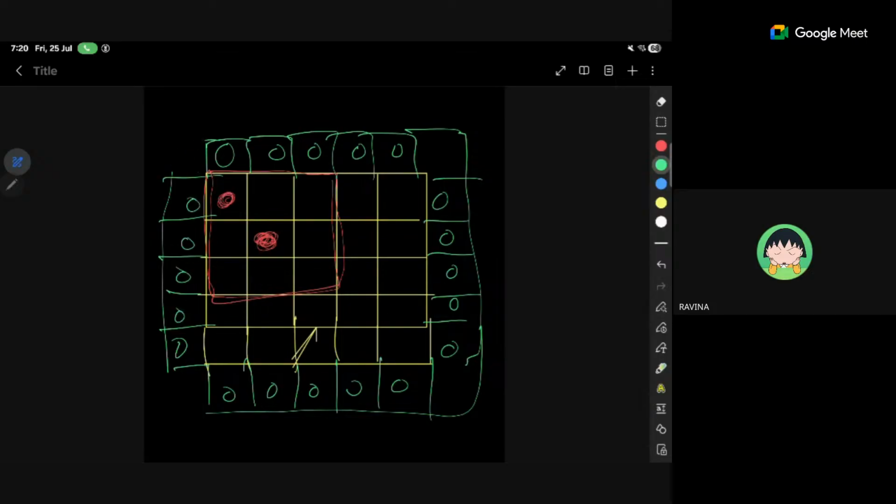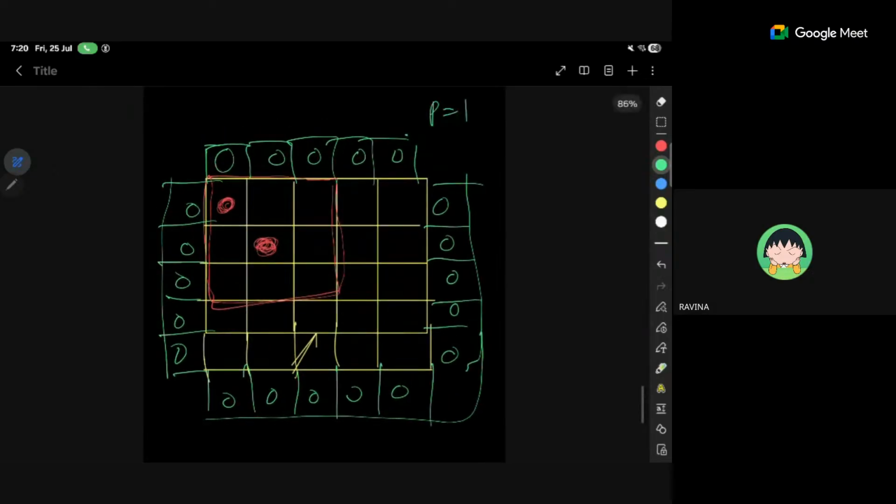We did a padding of size 1, so this is p equal to 1. If I do another padding, p equal to 2, then I'll add another layer on top of it. So 0, 0, something like this, all across, right? All the sides I have to add. That is called padding 2. Then I can actually start my 3 cross 3 filter from here, right?